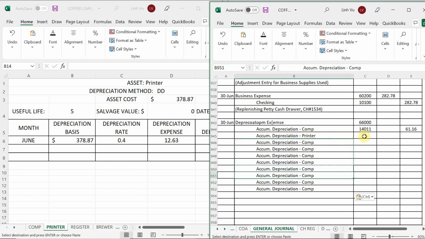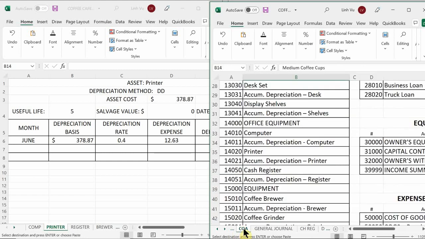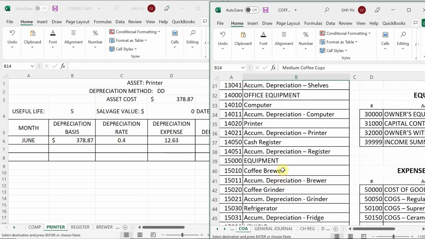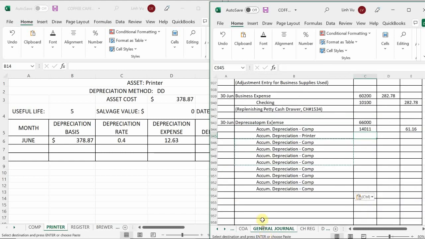Okay, so the printer. What is the accumulated depreciation? Accumulated depreciation for the printer is account number 14021. Register is 14051. So we're going to do the printer first, 14021, and that amount is $12.63.